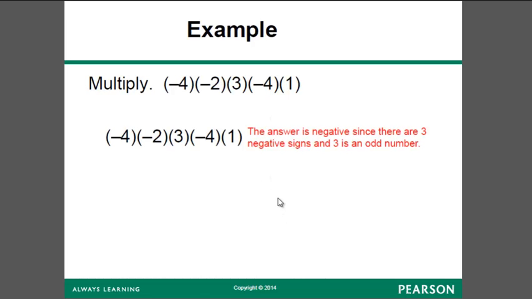Therefore, my answer will be negative since I have an odd number of negative signs. So I can also look at it this way. My answer is going to be negative, and then I take this multiplication: 4 times 2 times 3 times 4 times 1. And my answer will be -96.